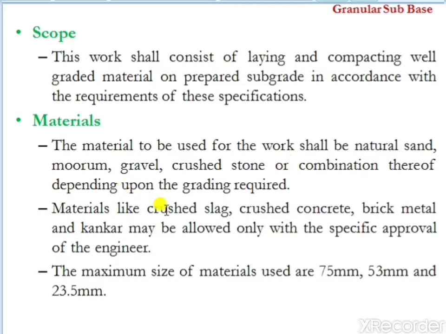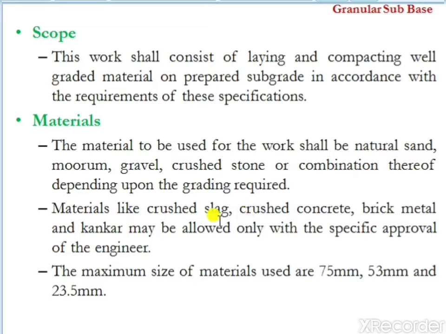These are recycled materials. Crushed concrete is a recycled material obtained from the demolition of buildings or other structures. Similarly, brick metal is also obtained from demolished buildings or any other demolished structure.